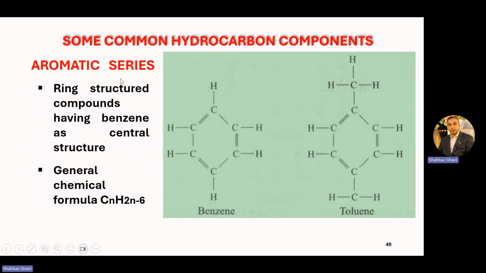And lastly, the aromatic series: ring structure compounds having benzene as the central structure. The general chemical formula is CnH2n-6, in which carbon has alternating single and double bonds. So this is benzene and this is toluene.